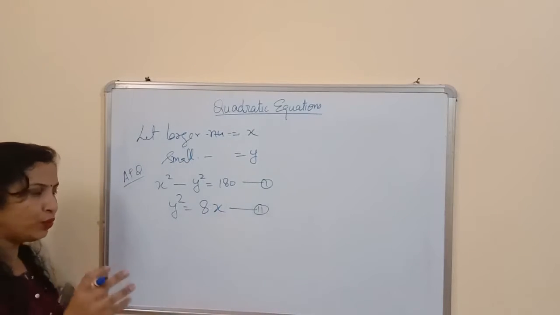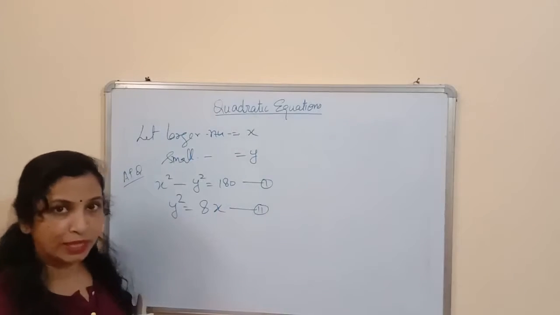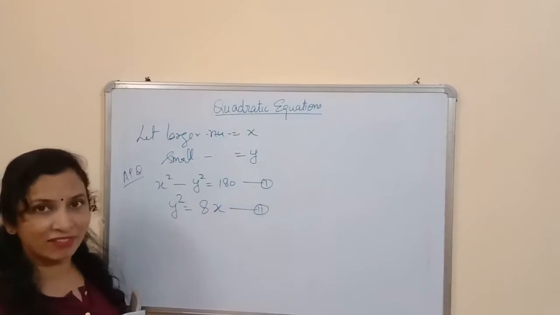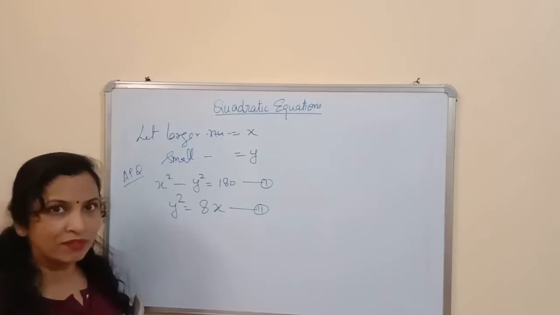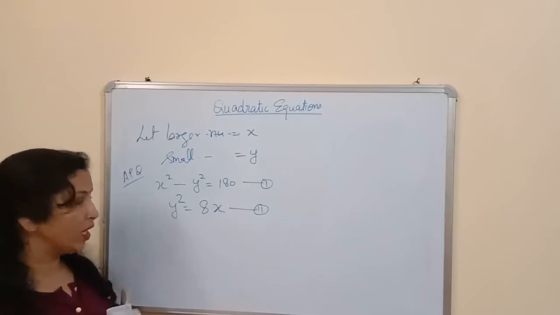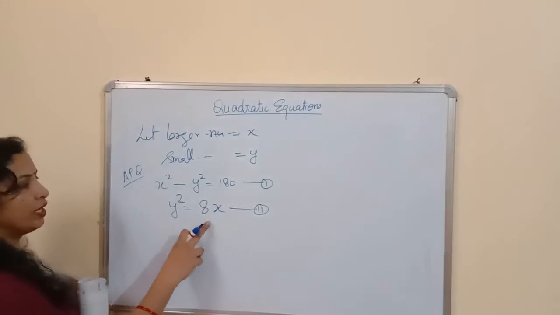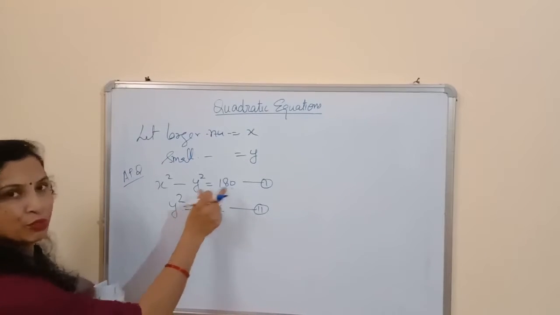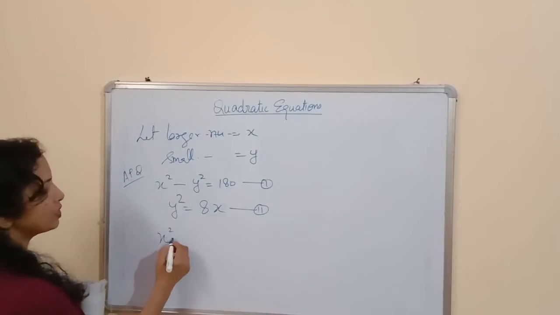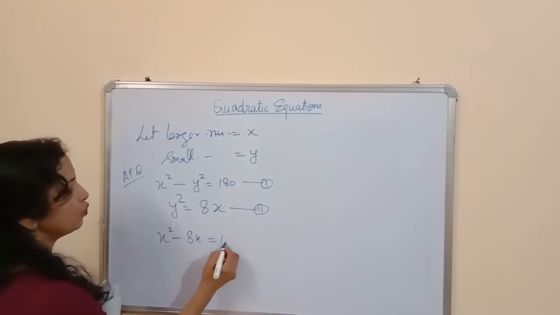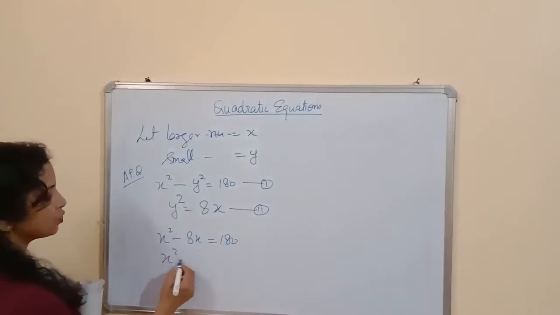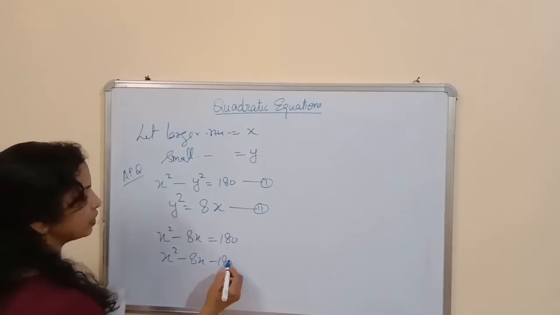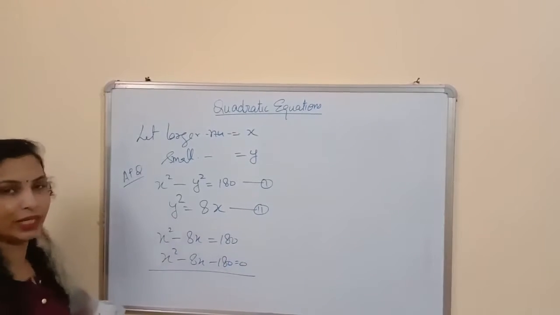If you want to make the quadratic equation by using these x and y values, you will put the value from one equation into the other. We have the value of y square, that is 8x, so you put this value of y square in equation 1 and you will get x square minus 8x is equal to 180. And you can see x square minus 8x minus 180 is equal to 0. So this is the quadratic equation.